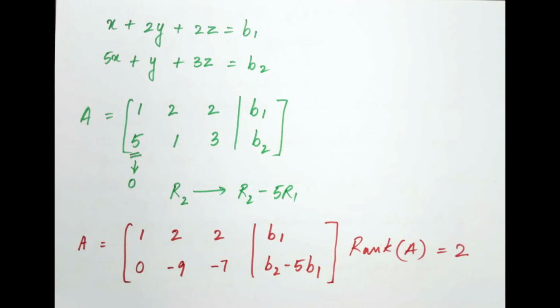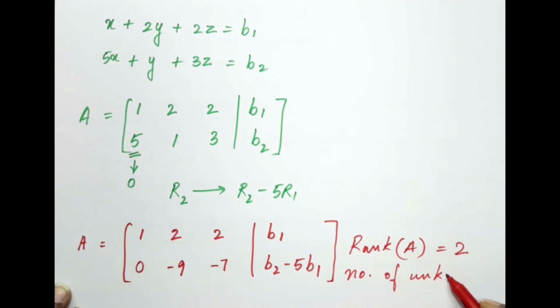Also, the number of unknown variables is 3. Looking at these two numbers, the value of the rank is less than the number of unknowns, right? We have 2, which is less than 3. When the rank of a matrix is less than the number of unknowns, it implies that the system of equations has infinitely many solutions.